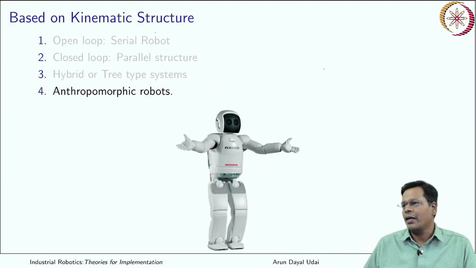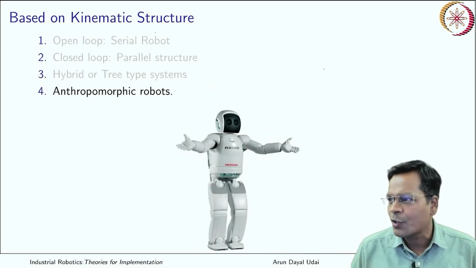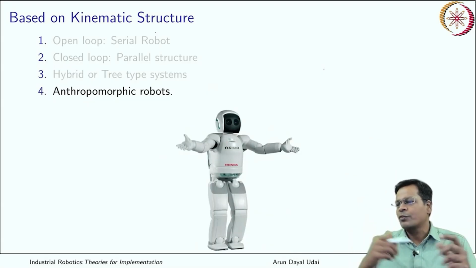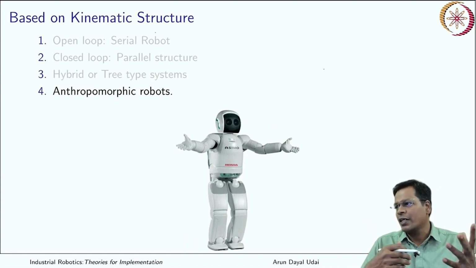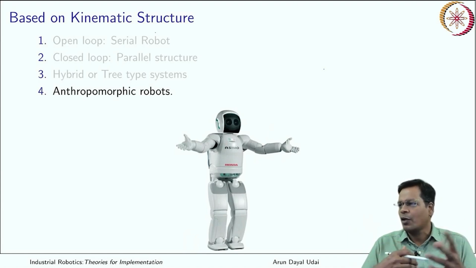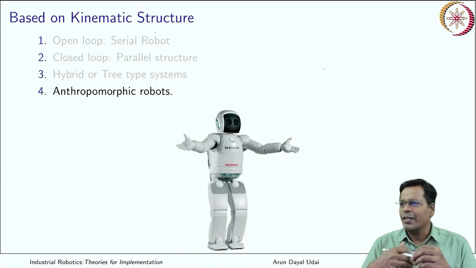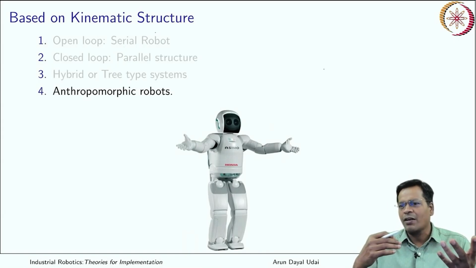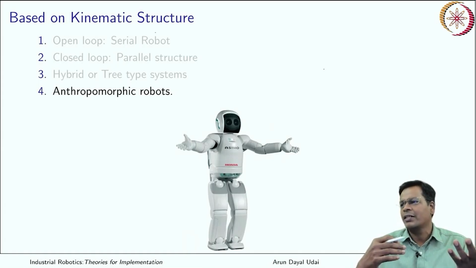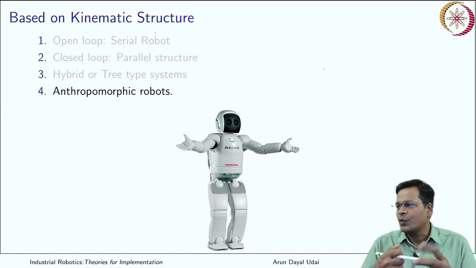And then there is the robot which fits your imagination of having a robot in your home which looks very much like a human. It can do all kinds of jobs a normal human can do and can be programmed. It can take care of a child, look after elderly people, serve you dinner.